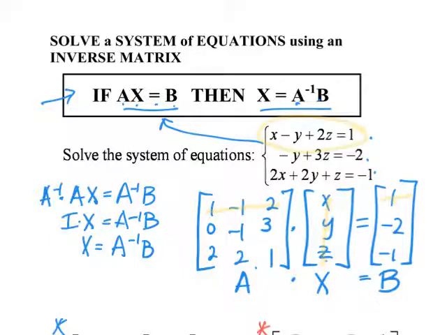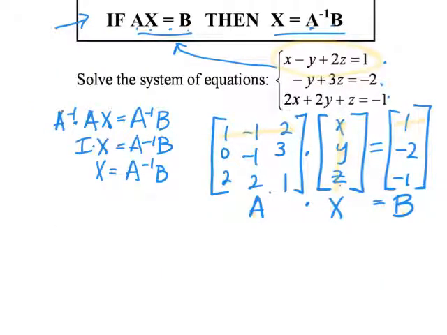Okay, so that's the first thing you do. But now to solve this, all you have to do is take the inverse of A times B. So that's what we're going to do. So now I need to show that X will end up equaling the inverse of A times B.